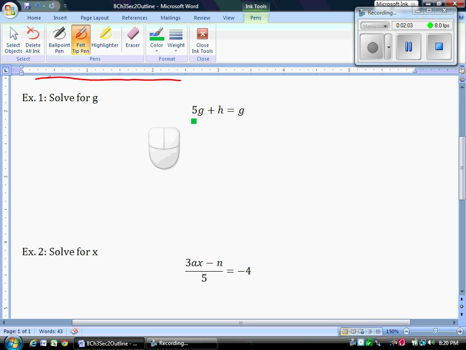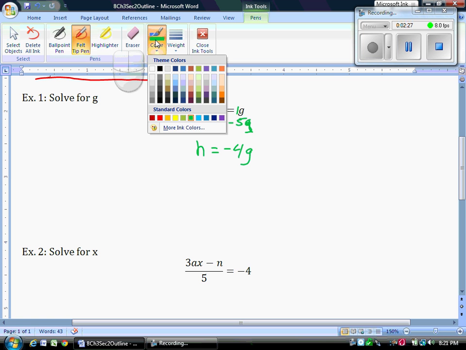If I need to get g's together, that means I'm going to have to subtract 5g and subtract 5g. That's nothing new. Make that a g. Nothing new. We've done that 100 times. So I have h equals 1g minus 5g, which is negative 4g. Now, since again I'm solving for g, I take a look at what I have.